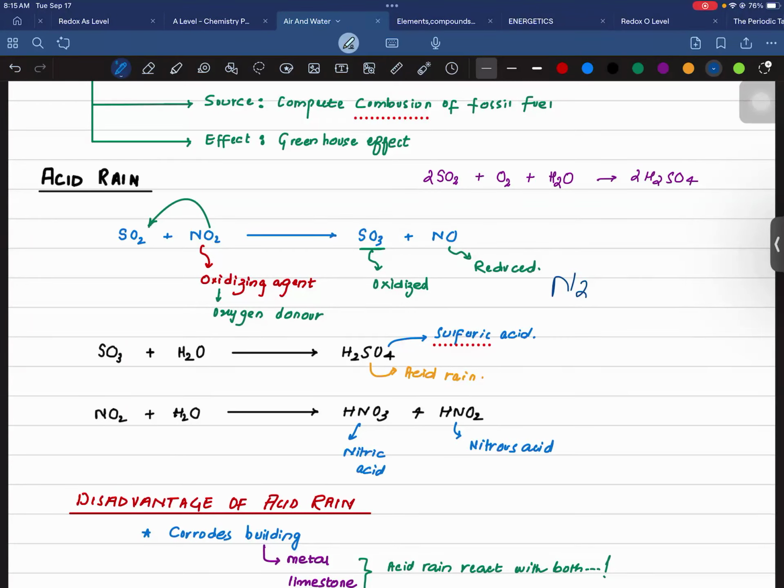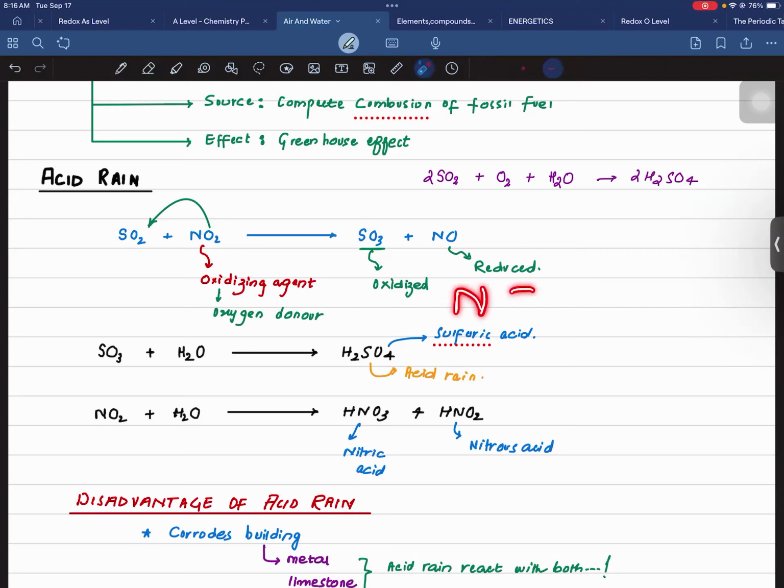But remember, when there is a lightning during the rain, lightning is going to provide so much energy to this nitrogen gas. So in the presence of lightning, the nitrogen would be breaking down. Remember, this is very important.